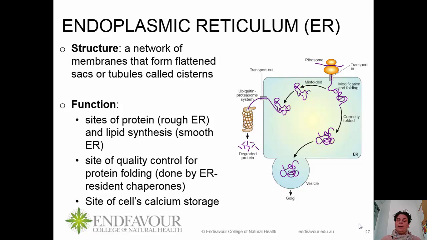Now, the other point that I wanted to make here is that the ER is a site for storage of one particular ion called calcium. Calcium storage is very, very tightly regulated because it's also something we call a secondary messenger, and we'll talk about that in a minute as well. So calcium itself needs to be stored in the ER and can be released when needed.